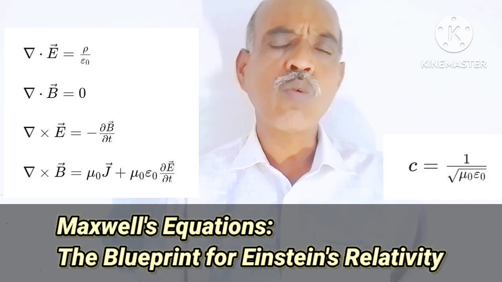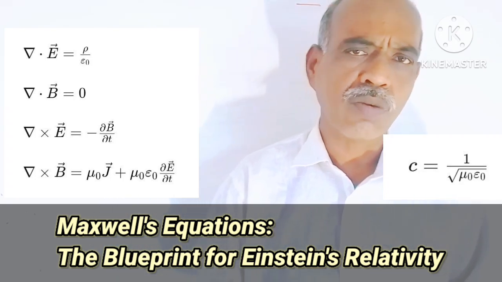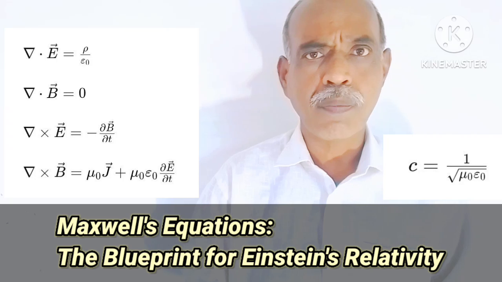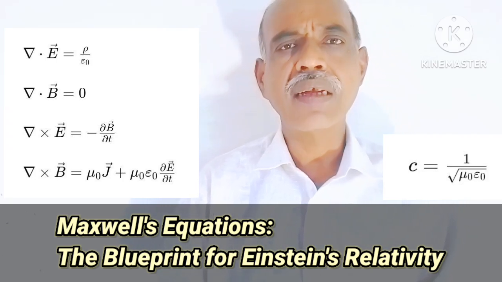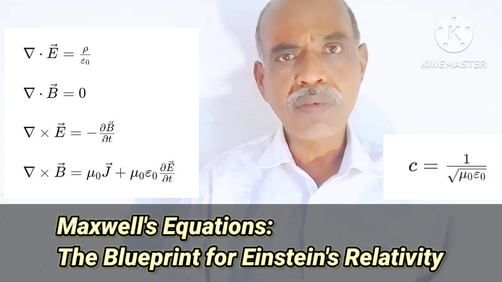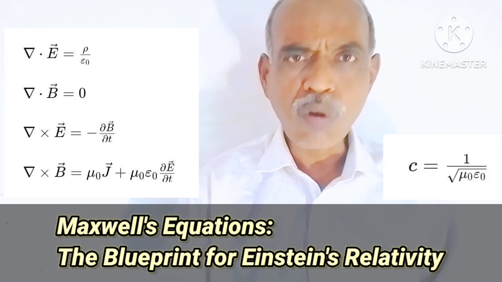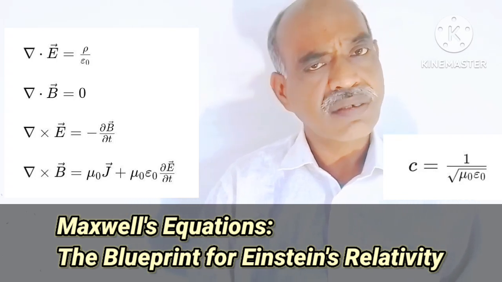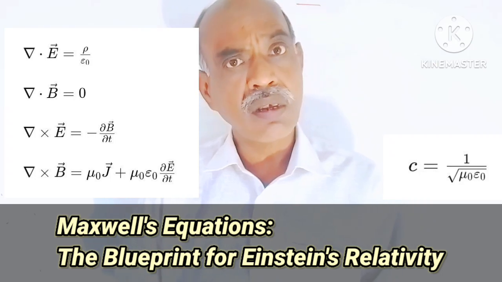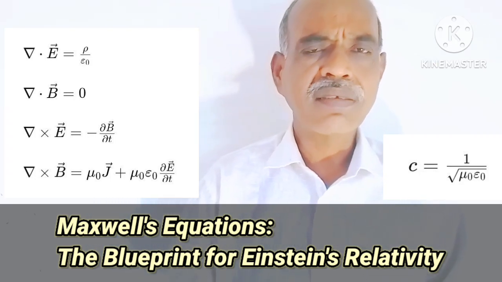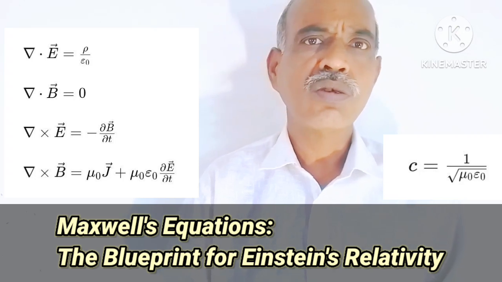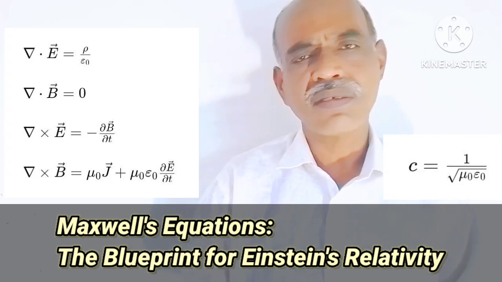So C is equal to 1 over root of mu 0 epsilon 0, where mu 0 is the permeability of free space and epsilon 0 is the permittivity of free space, and both are constants of nature. That was known at that time, and C depends on only these two constants and nothing else.